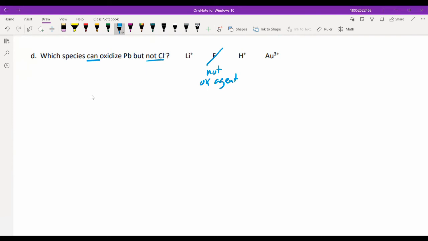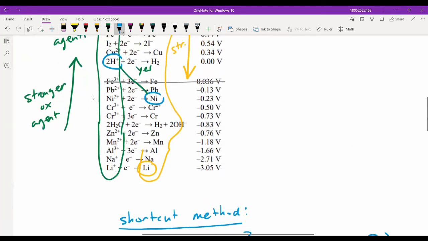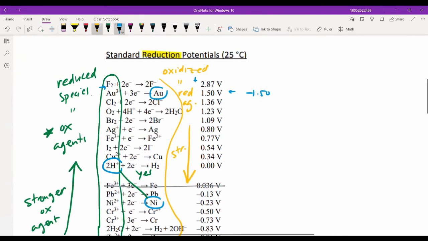Because if you want to oxidize lead, then the thing you're picking has to be reduced, or has to be an oxidizing agent. So on this table, F- is on the wrong side. It's on the right side up here. I guess I should say it's on the product side. It's not the correct side, right? Okay.